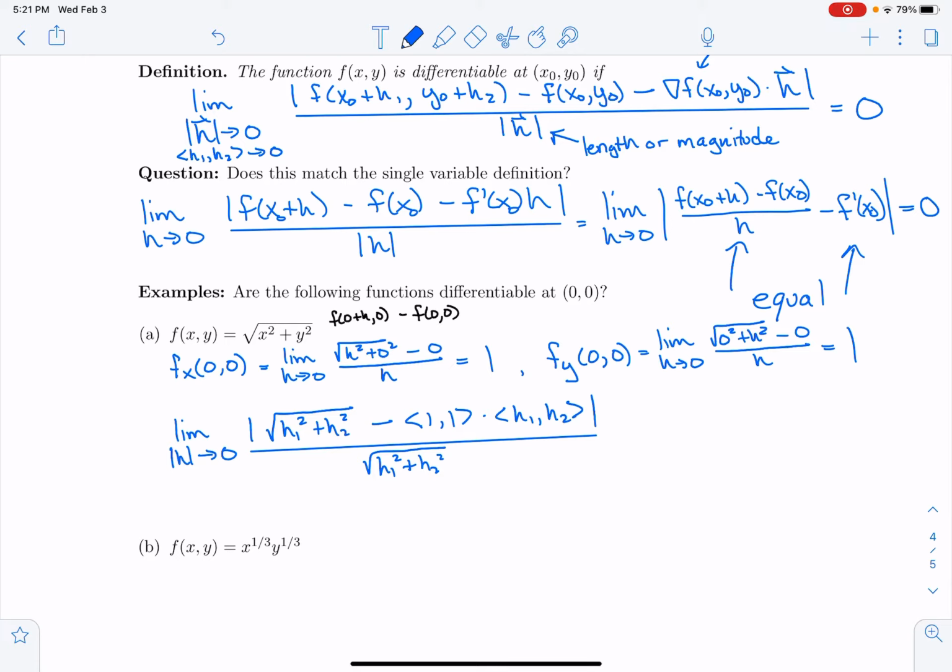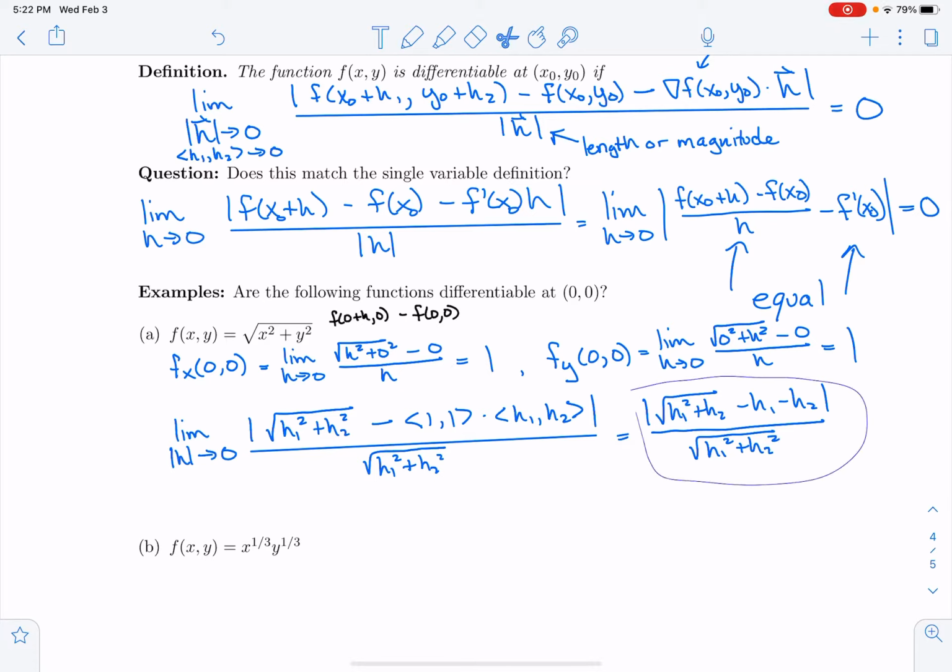So what we're going to get here is square root of h1 squared plus h2 squared minus h1 minus h2, and we're going to divide that whole thing by the square root of h1 squared plus h2 squared.